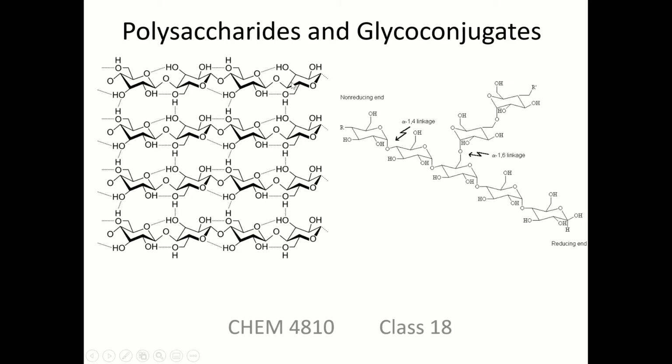Both of these polysaccharides include only glucose molecules in them. So it's only one sugar that makes up these polysaccharides. But you can see that they're both quite different in their structure based on the glycosidic linkages that are involved, and their properties are also quite different.